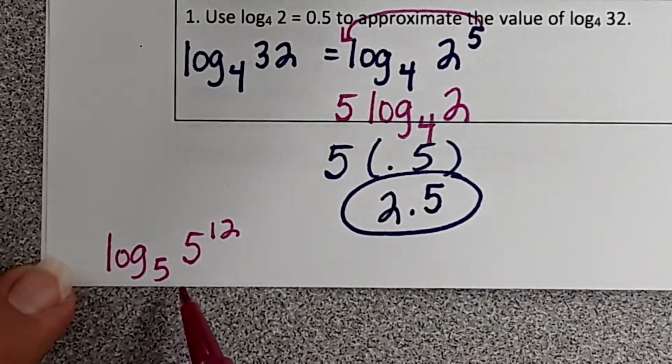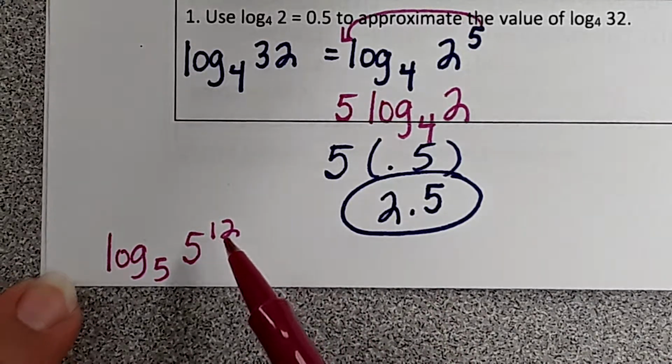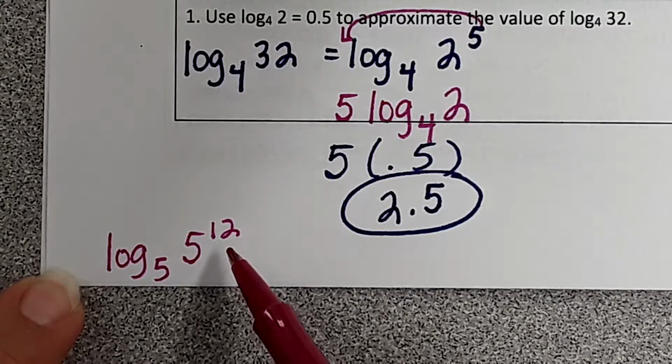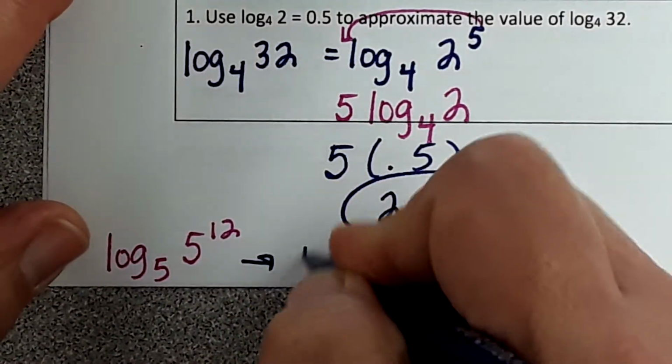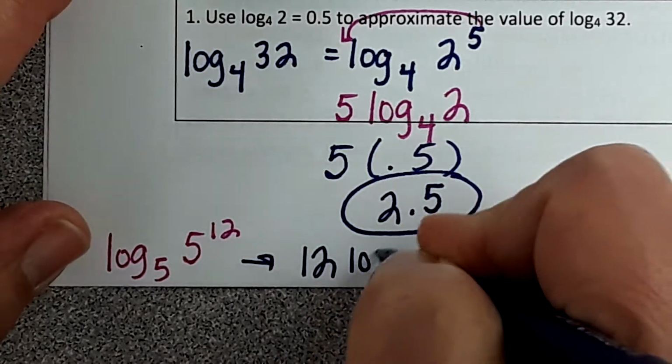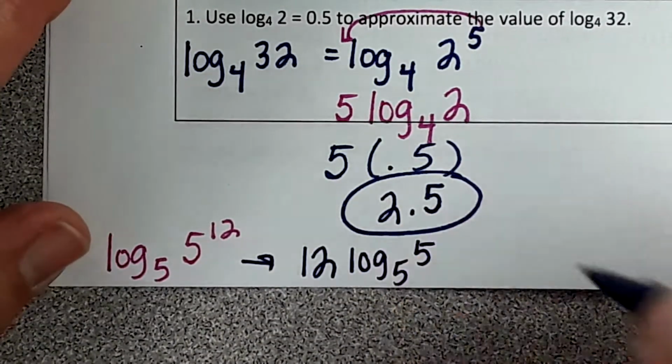Okay, so they want us to evaluate this or to approximate this. You notice that there's an exponent. So we're going to rewrite this. So 12 comes in front of log base 5 of 5.